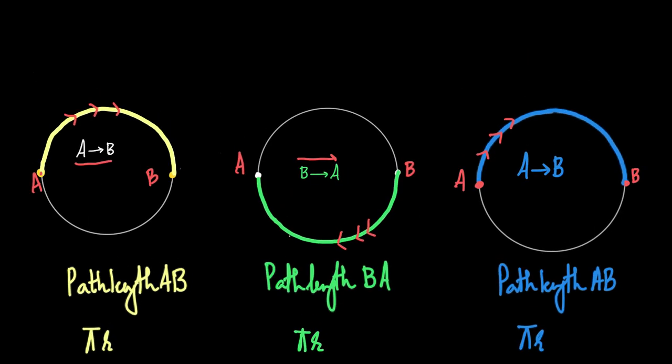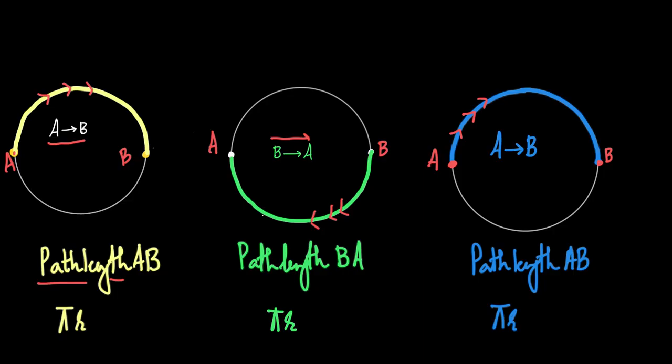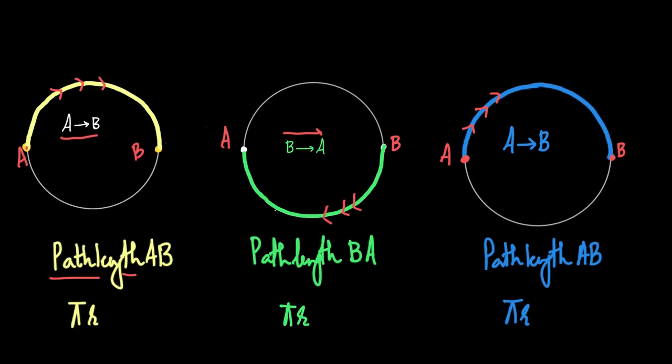Now, in all three cases, what is the path length? Which essentially means the length of the path covered. So if you're walking like this, the path that you have taken, what is the length of that path? It is pi r. Why is it pi r? Because, come on, basic geometry, right?